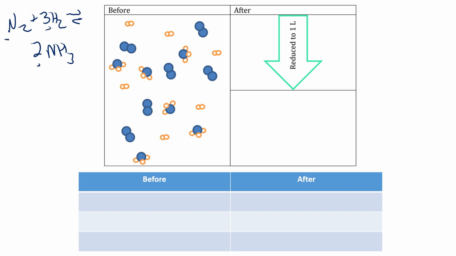If you're given a diagram like this, you have to keep consistent with the shapes, the number, etc. So we can see that for my N2, we have 6 because of the moles, H2 we have 6, and NH3 we also have 6. According to the question, I'm at equilibrium, but I then decrease my volume from 2 liters to 1 liter.